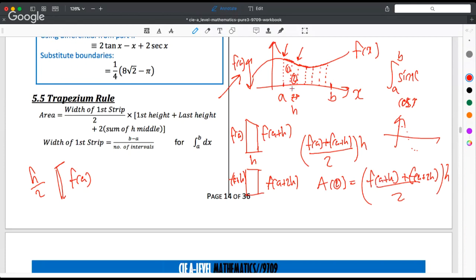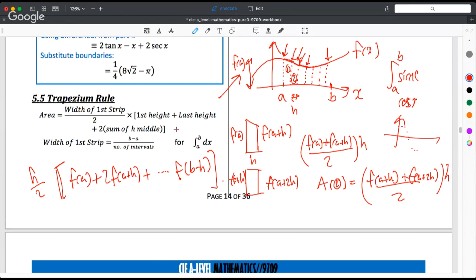So f of a plus h is shared between 2 trapezia, so we need a factor of 2 here. And that happens all the way along. Each of these sides is shared by 2 trapezia until we get to the end one, which is only shared by 1. So we do the sum, and this is f of b. Minus h. Okay, and that is the trapezium rule.